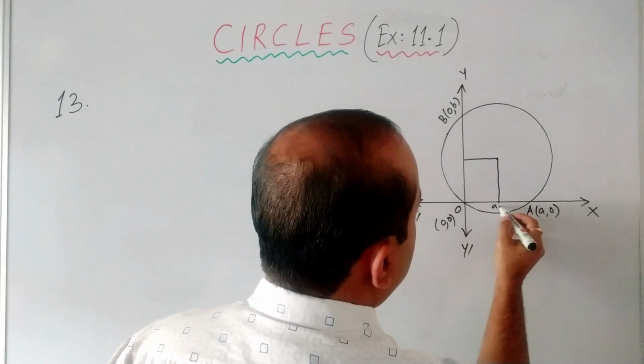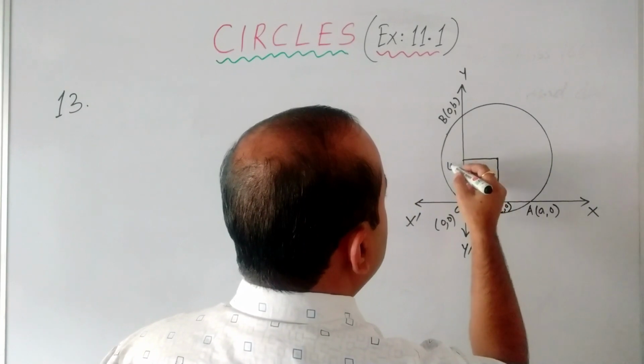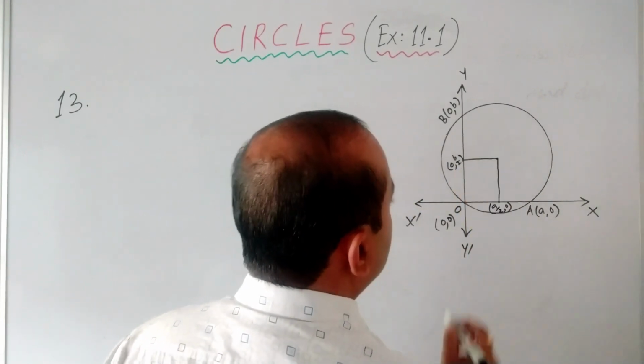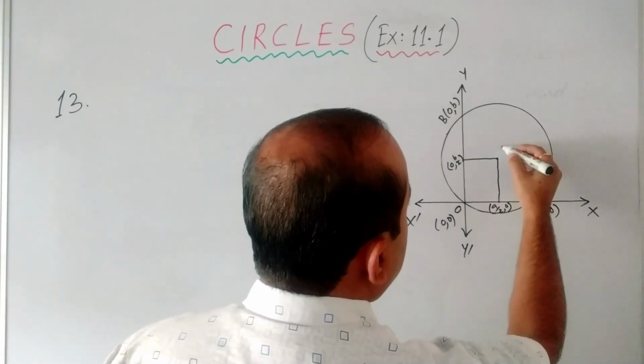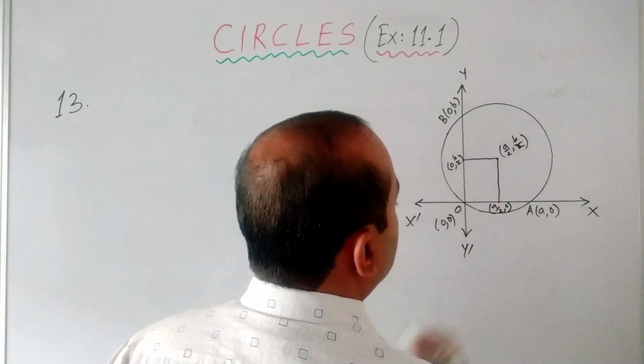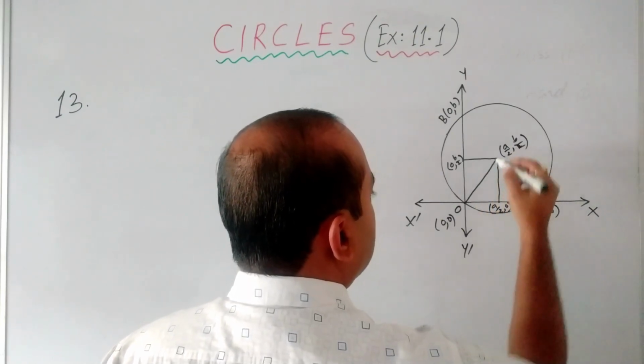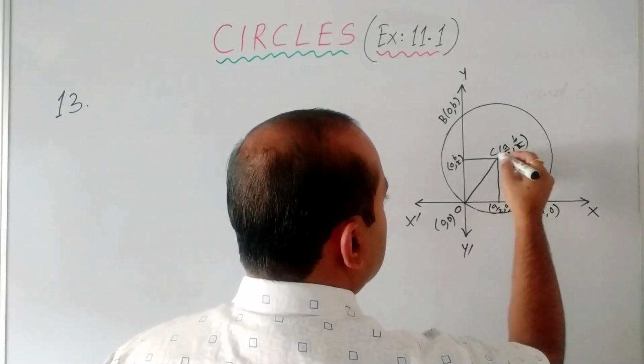So this point is (a by 2, 0), this point is (0, b by 2). So that means this center will be (a by 2, b by 2). And radius of this, if I join this radius, you can easily find out.